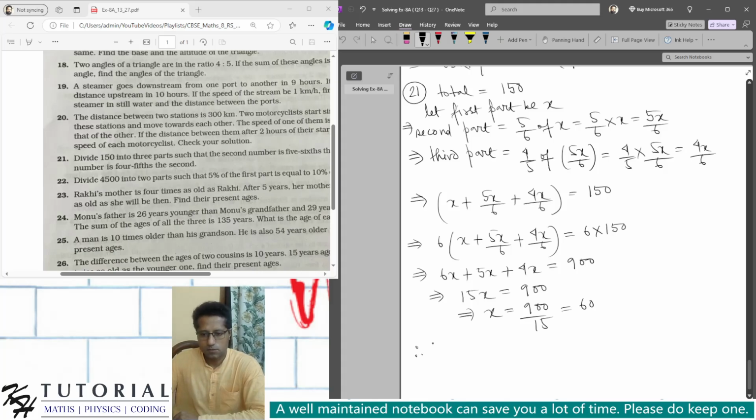Therefore, the three parts are what has been asked. Divide into three parts. So we have to find the three parts. The first part is x, that is 60.